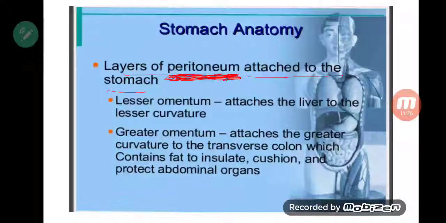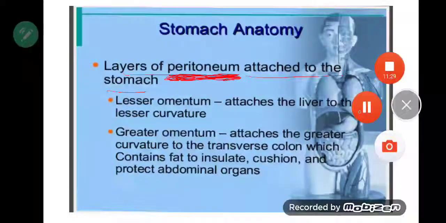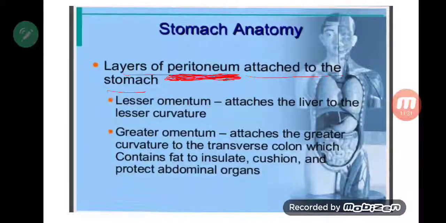The lesser omentum is part of this peritoneum, which protects the lesser curvature of the stomach. It attaches the liver to the lesser curvature. And we have the greater omentum, which is part of the peritoneum, and it is attached to the greater curvature of the stomach. This point is important.